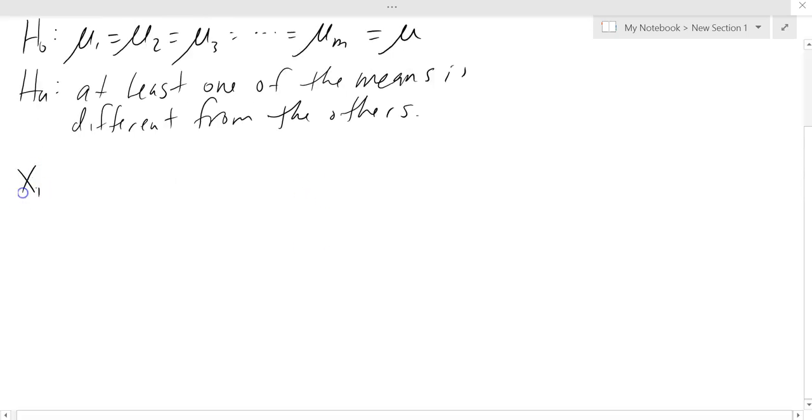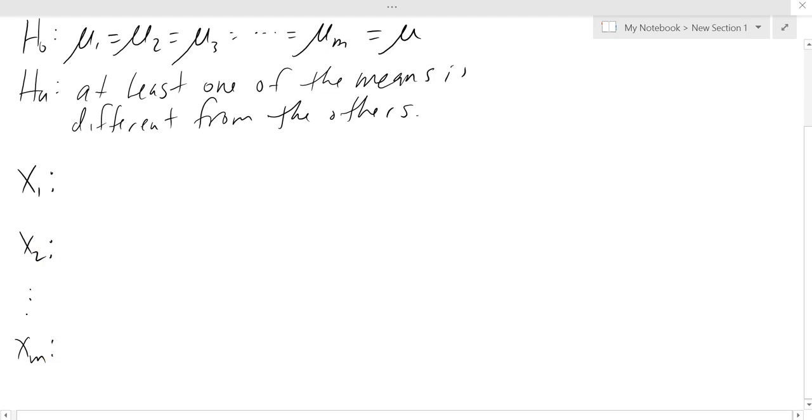X1 is going to refer to the sample coming from stratum 1 of the population. X2 will refer to stratum 2 and so on down the line, all the way down to M.